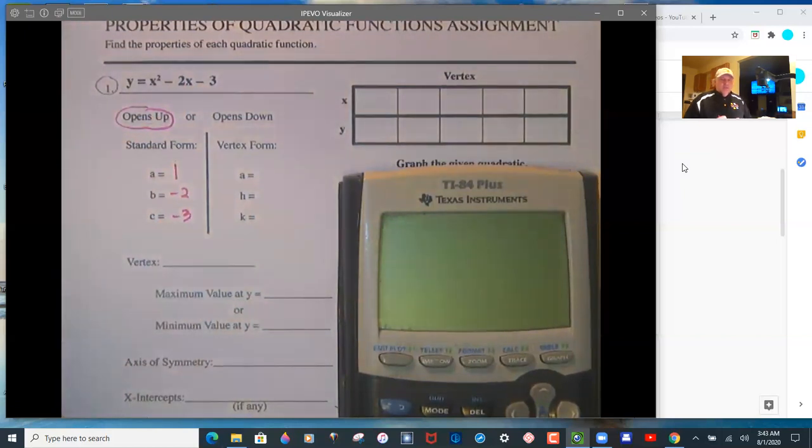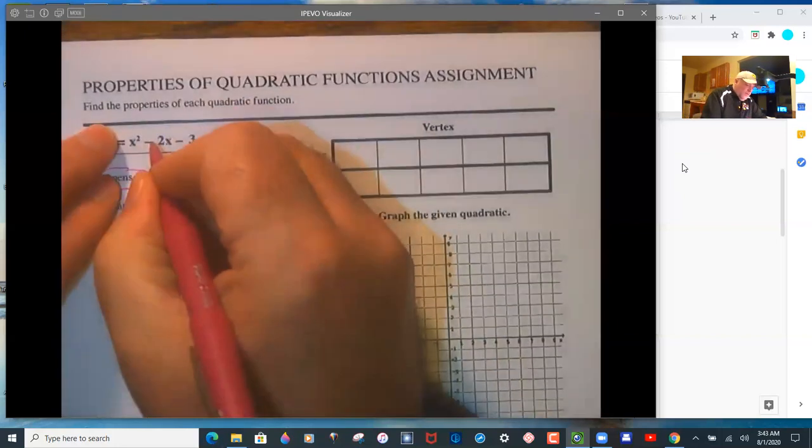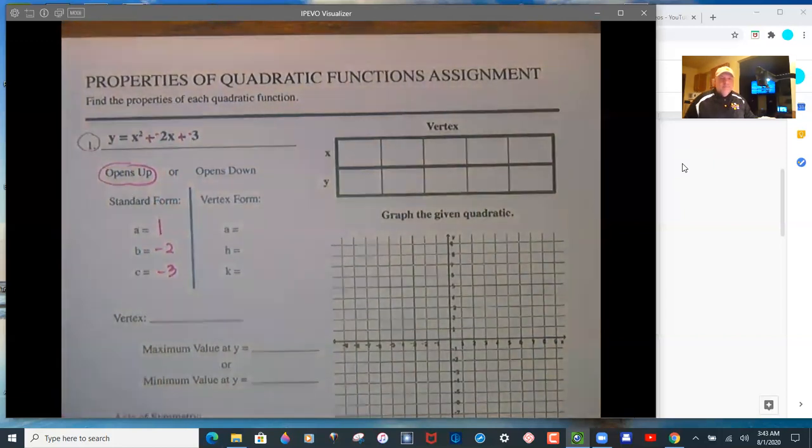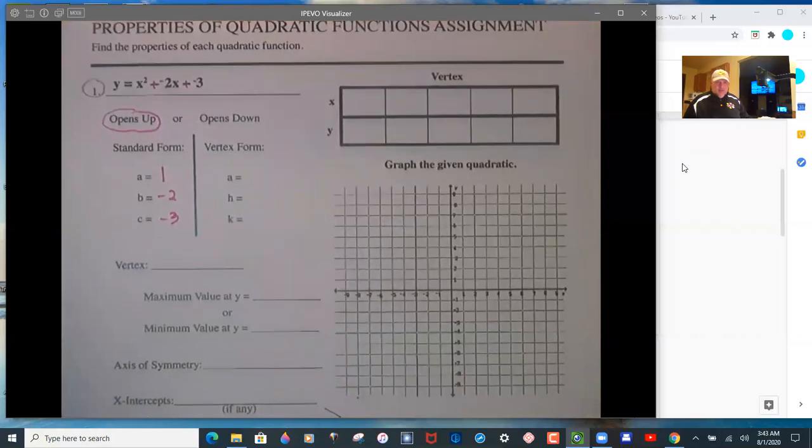And everything is going to revolve around those 3 values. So you've got to make sure you get it right. Just slow down, double check those. You have to think in terms of addition. So what I'm saying is, if I wrote this in terms of addition, you would see the negative 2 and the negative 3 for b and c.